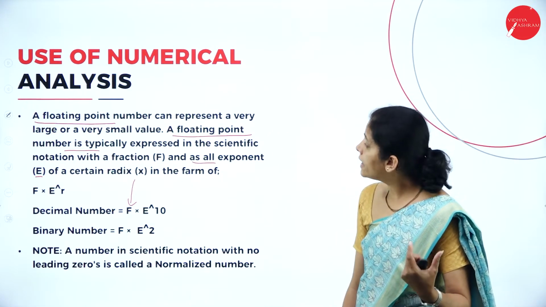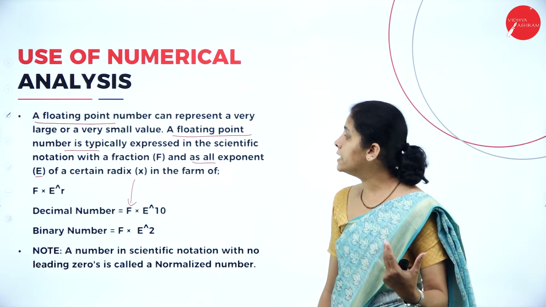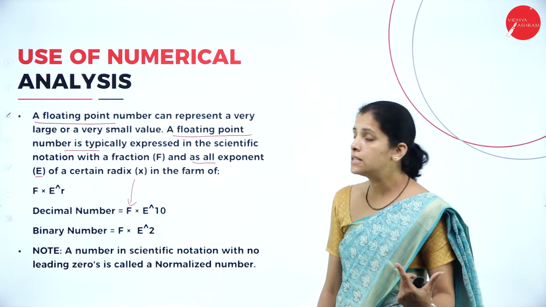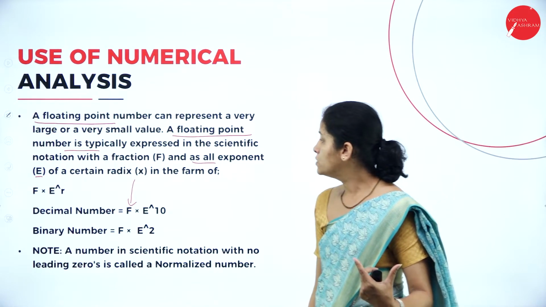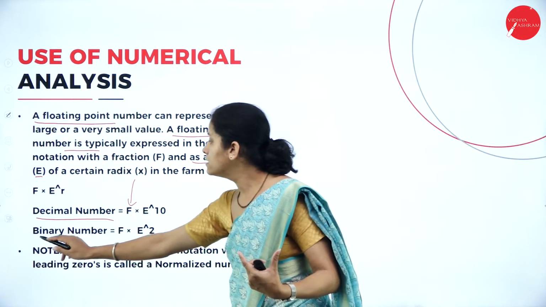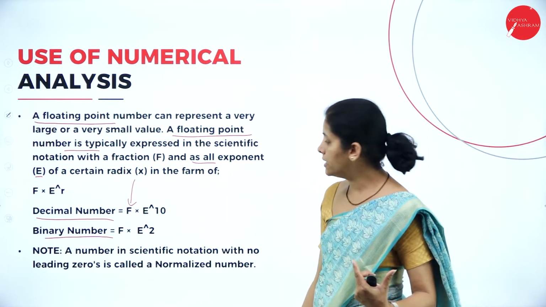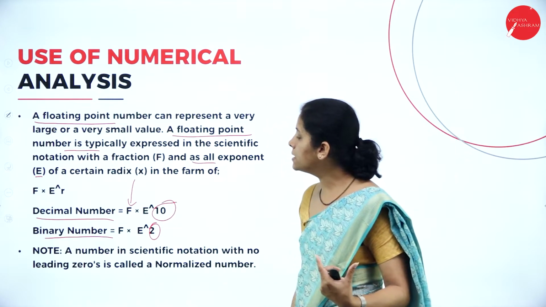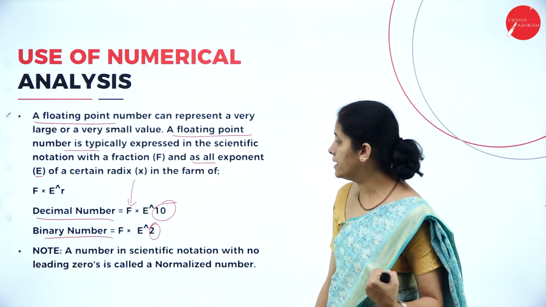Here radix is nothing but the base. So this is the decimal number, and this is nothing but the binary. Here the base is 2, and for decimal the base is 10.